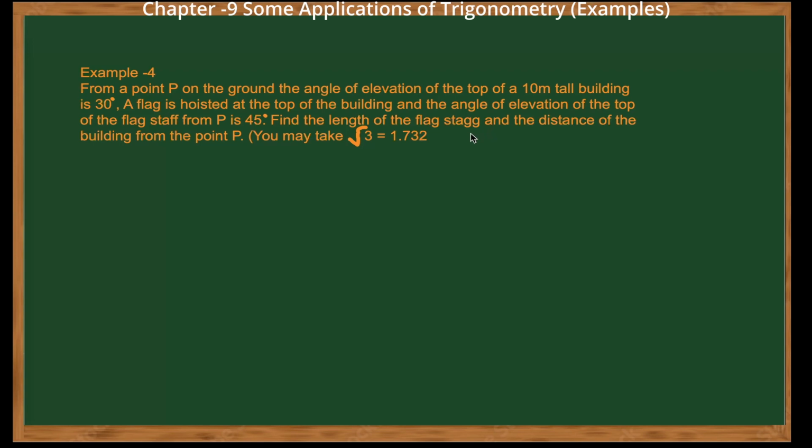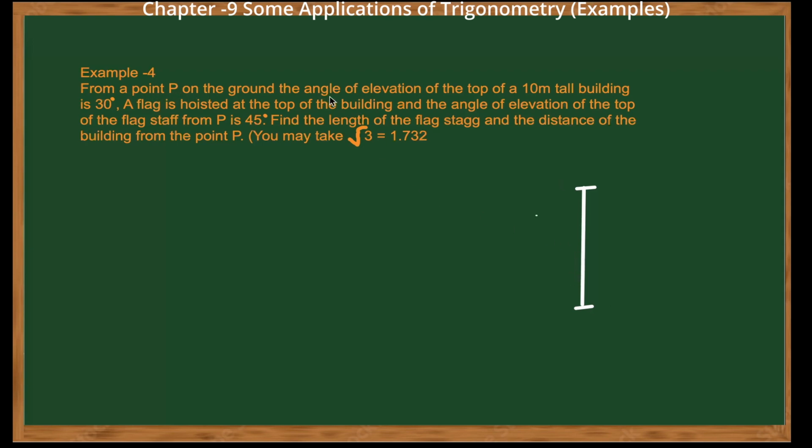So from point P on the ground, the angle of elevation of the top of the 10-meter tall building is 30 degrees. So there is a building here. Let's take a line. There is a building here, which is 10 meters tall.